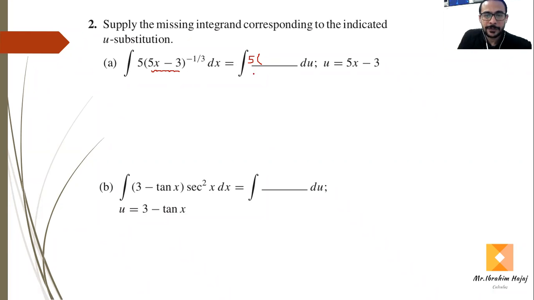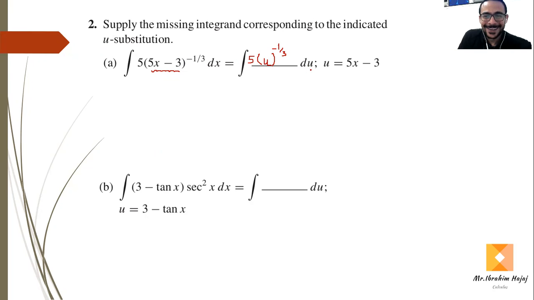Mr., replace it with u. Replace 5x minus 3 with u, to the power of what? Negative 1 over 3. Yes, du.